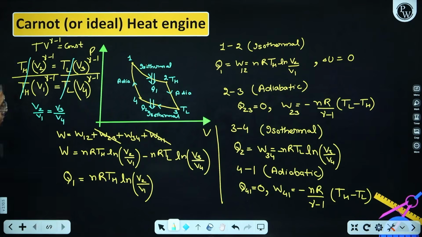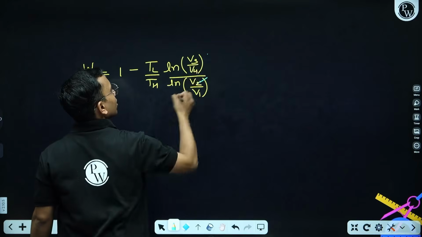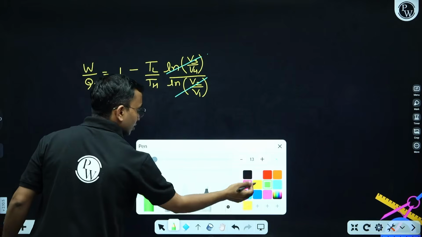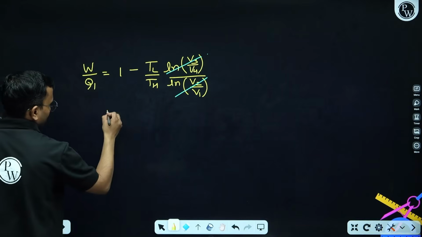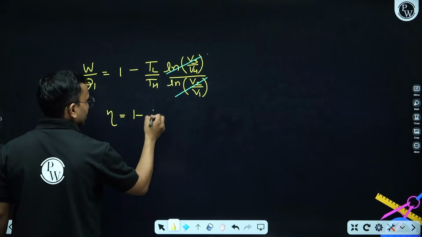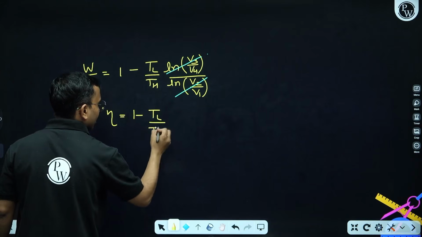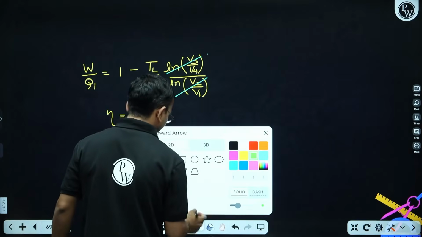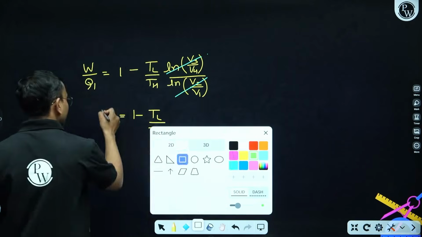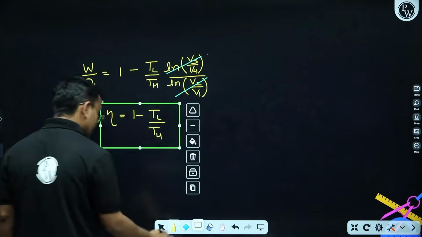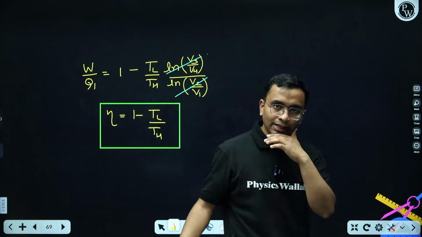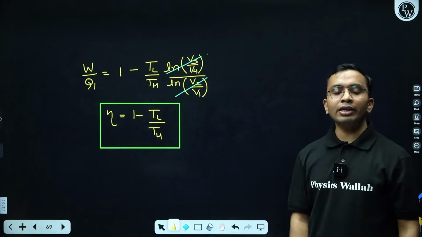Then this will get cancelled and I get the efficiency of the engine as 1 minus T low divided by T high. This is the maximum possible efficiency. You cannot have a heat engine with greater efficiency than this acting between T high and T low.